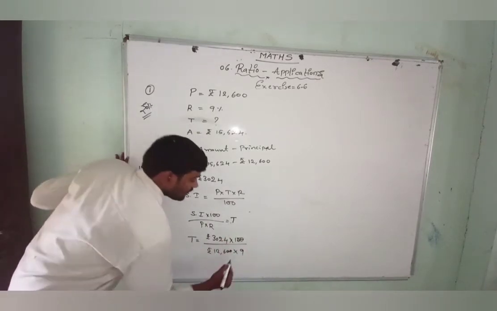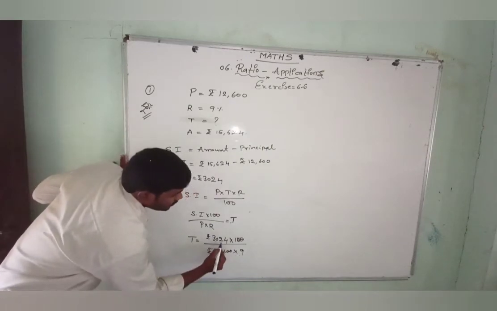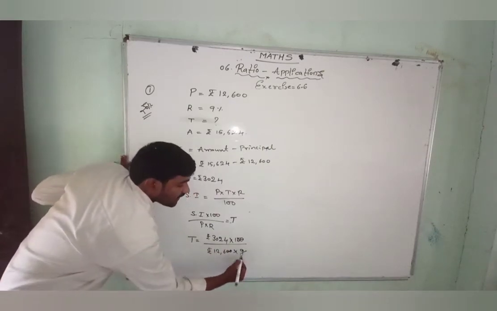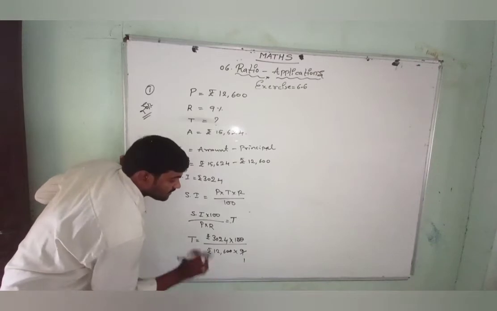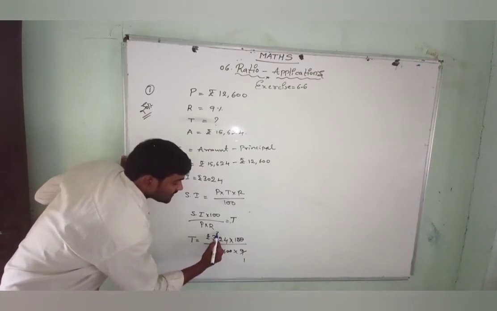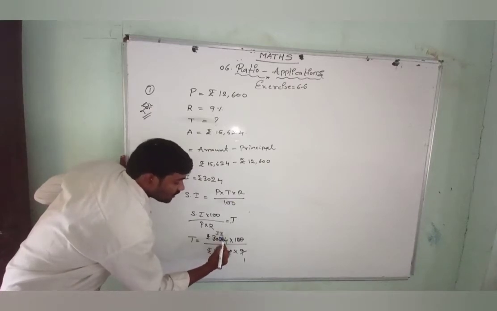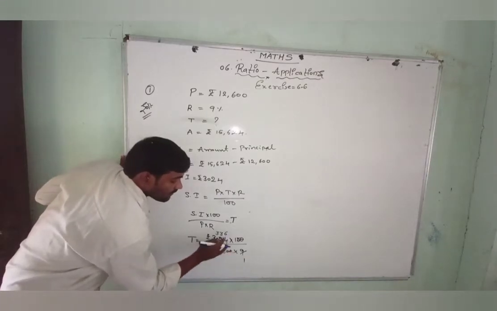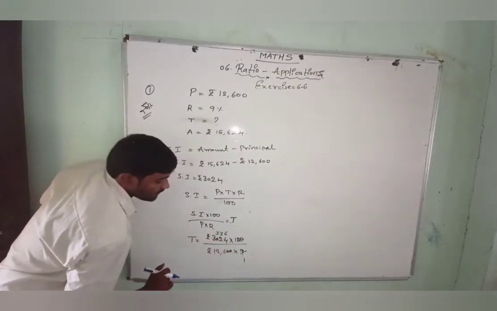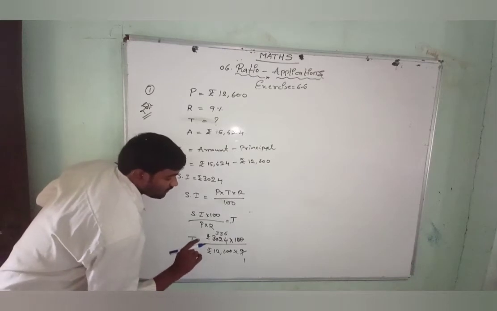Here 9 can be cancelled using the 9 table: 9 ones are 9, 9 threes are 27, 3 left, 32; 9 threes are 27, 5 left, 54; 9 sixes are 54. So 120.